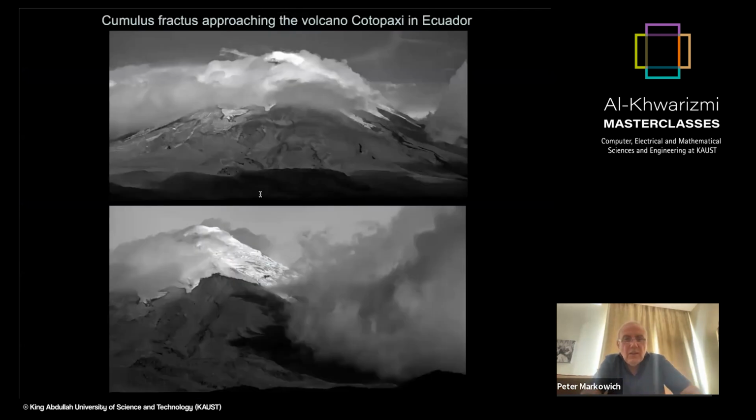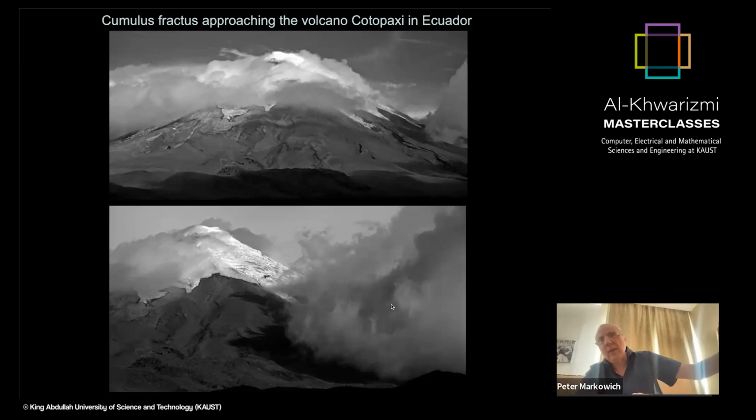So what I want to show you here is some pictures of clouds. Here you see so-called cumulus fractus clouds, which approached the volcano Cotopaxi in Ecuador. This was actually a very spectacular scene. In the upper picture, you see the cloud as it starts to come in, and then 3 or 4 minutes later, it already looked like that.